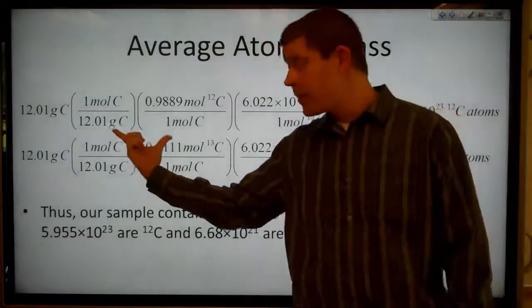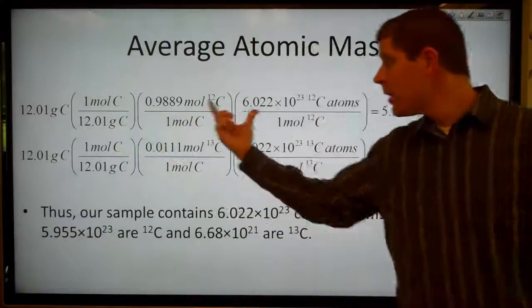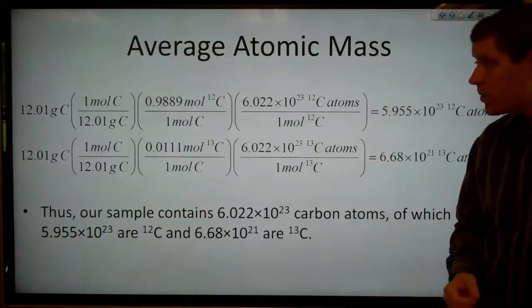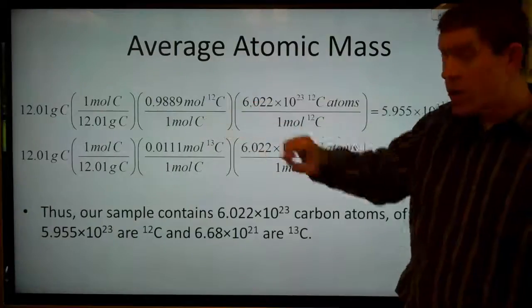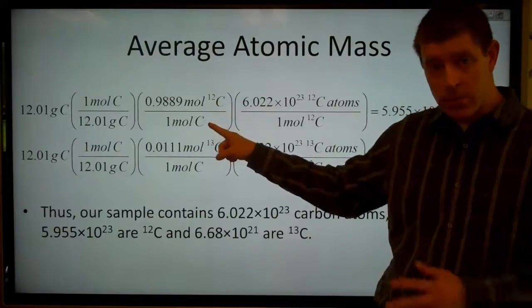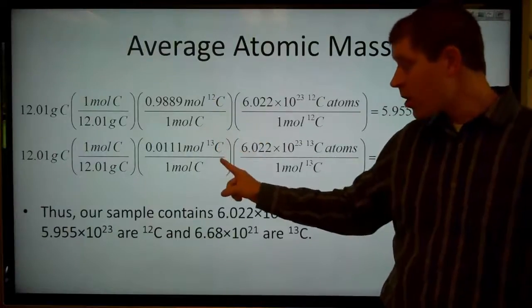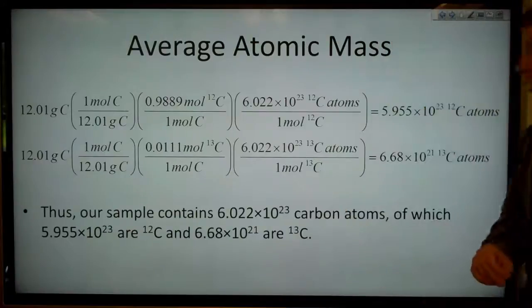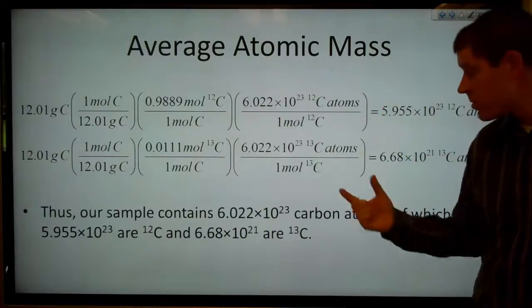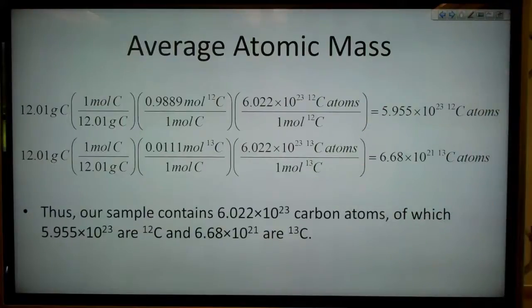Here I've replicated the calculation on the last slide to give us our number of moles. Now I've added in this ratio between moles of carbon-12 to moles of carbon, all forms, and moles of carbon-13 to moles of carbon, all forms, and then changed from moles of carbon-12 to atoms of carbon-12 and moles of carbon-13 to atoms of carbon-13.